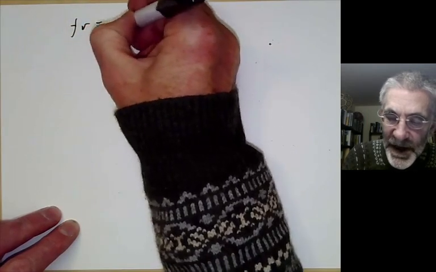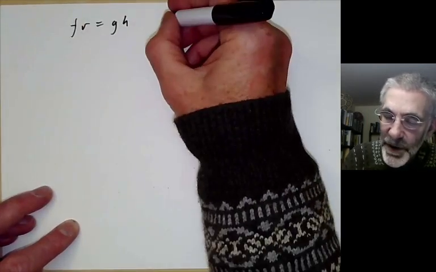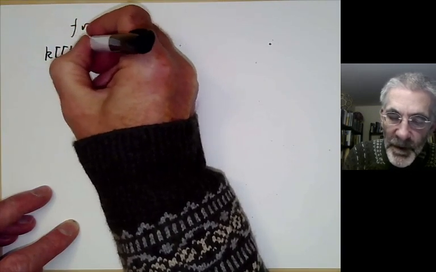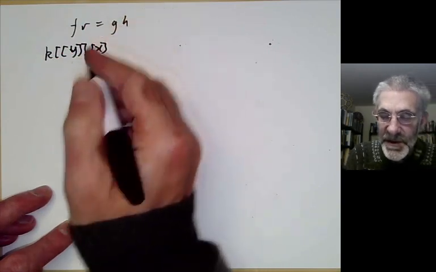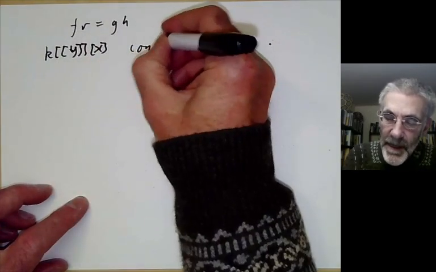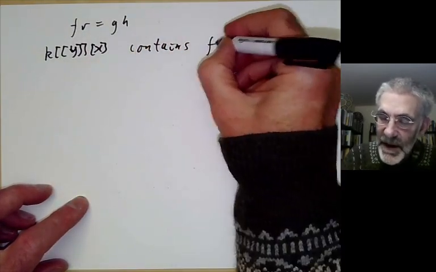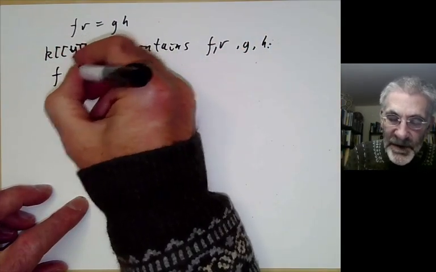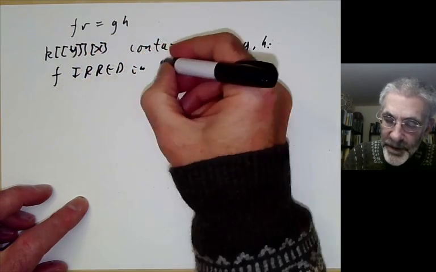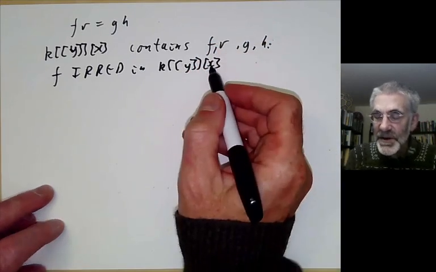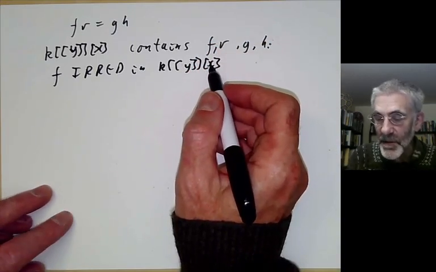Well, now it's easier to finish because we know f r is equal to g h, and we now work in the ring of polynomials in Y whose coefficients are power series in X, and we notice that all of these now contain f, r, g and h, and we notice that f is irreducible in K[[X]][Y], because if it was reducible as a polynomial, it would certainly be reducible as a formal power series.